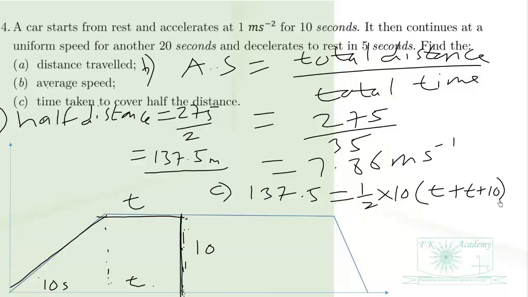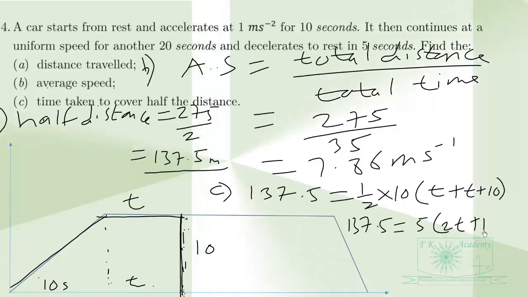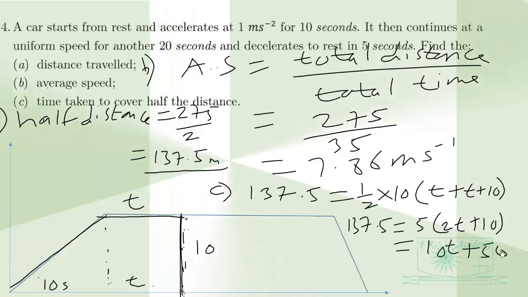So we have to solve this equation for T. Then we add it to 10 seconds to find the time taken to cover half the distance. So let's solve this. We are going to get 137.5 is equal to 5 into 2T plus 10. So 10T plus 50 will be equal to 137.5.